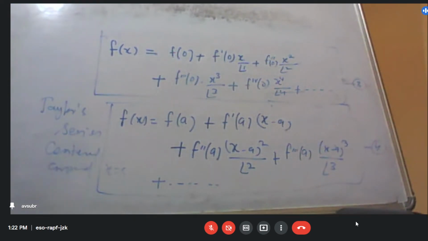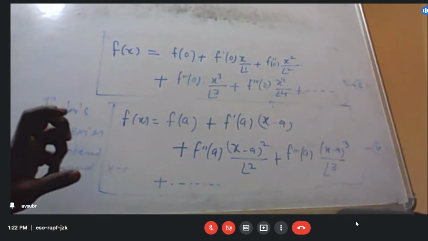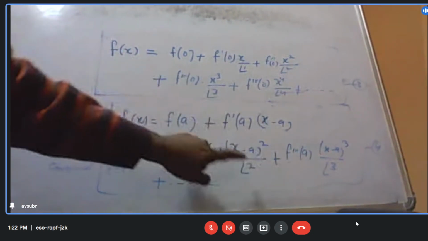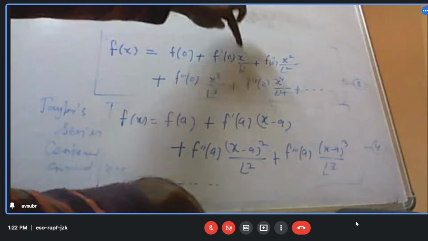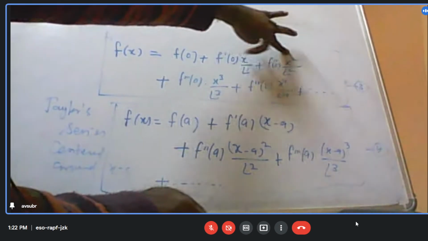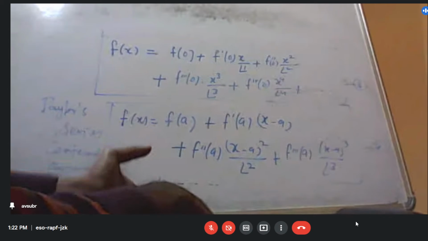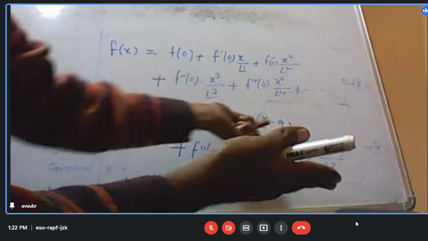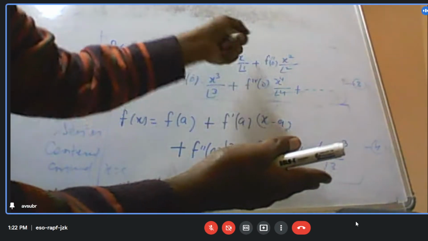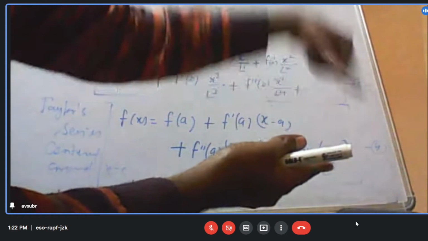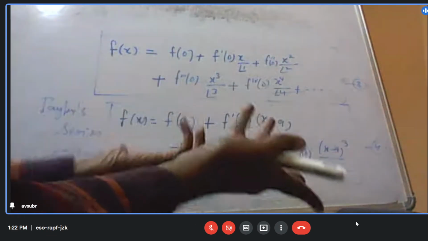You can understand it like this also. This x minus a whole square: here we have put x square. Here also we are taking a as 0. Only thing is that this a is 0 over here. So this is x minus 0 whole square, x minus 0 whole cube.